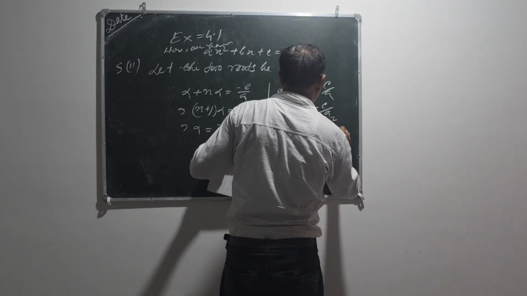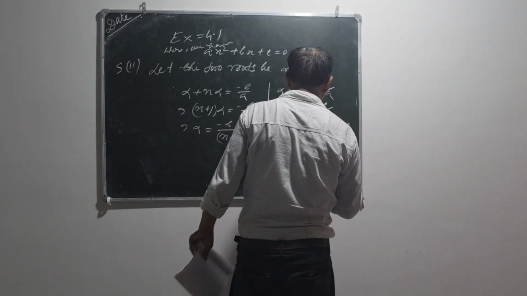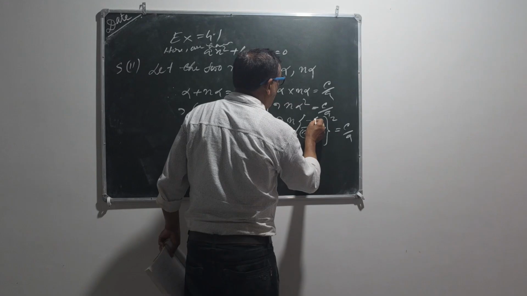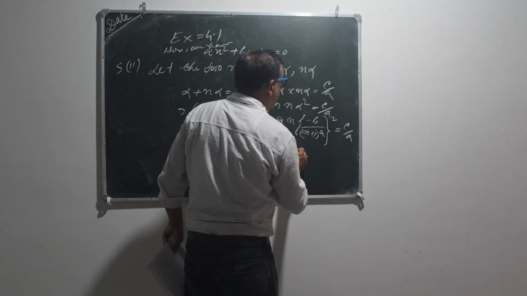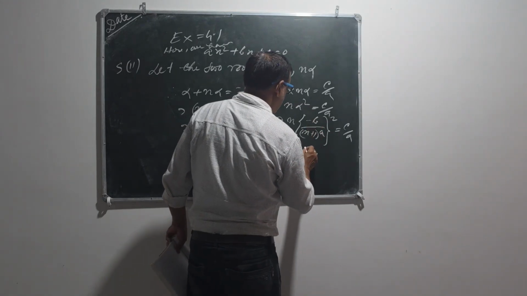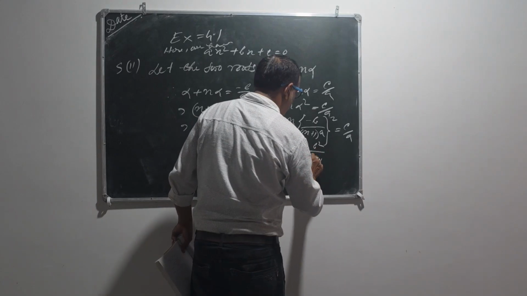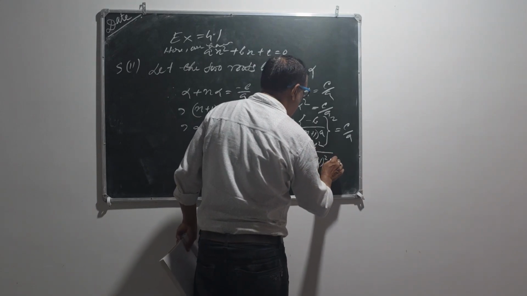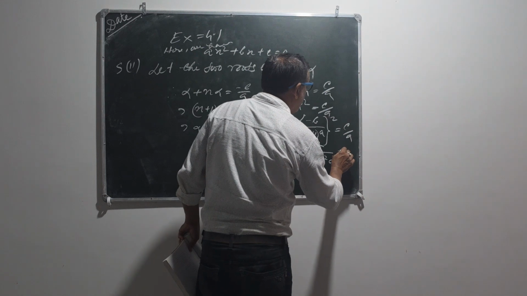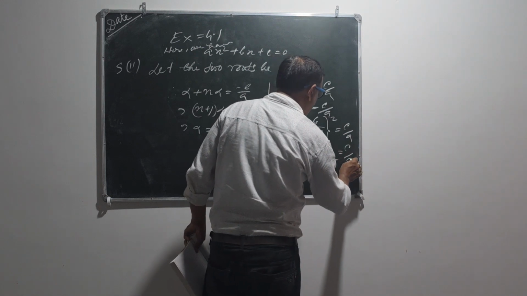Then right side is c by a. Let us simplify this one. So finally it is n into b square by n plus 1 whole square into a square. Here it will be c by a.